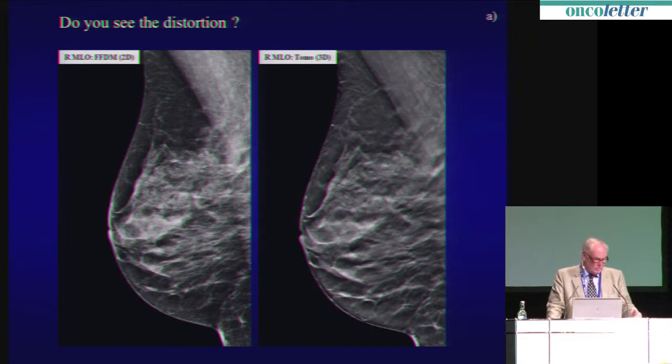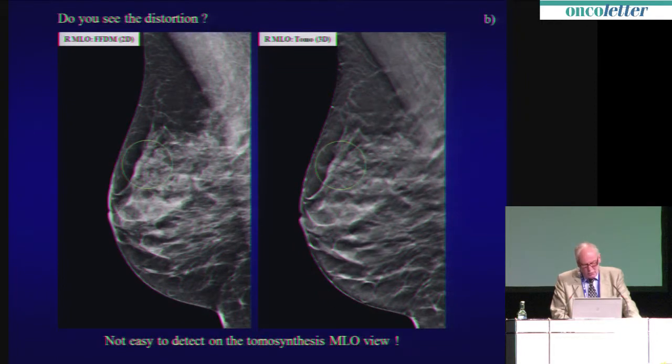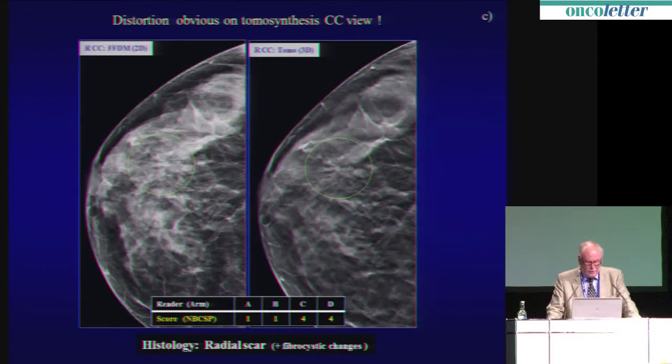Some of you, especially if you have a little experience in tomo, you will see it, but in a batch reading, when you have a heavy workload, it might easily be overlooked on the MLO view. So it is not so easy to see it. If you agree with me, it is there, but it might be missed on a day with a heavy workload. On the CC tomo, on the other hand, there is no reason to miss it at all. We clearly see it.